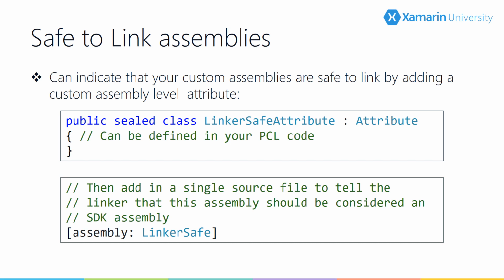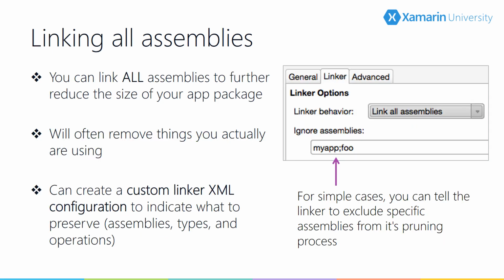Then you either use the built-in iOS Android attribute or your own, and then the linker will look for that name, the linker safe attribute, and it can be in any namespace. And this, again, just tells the linker to include your assembly in that SDK list. And this means that your assembly will be linked, have the size reduced when using that safe linker setting.